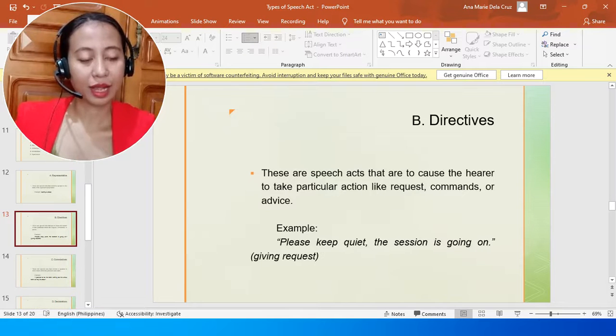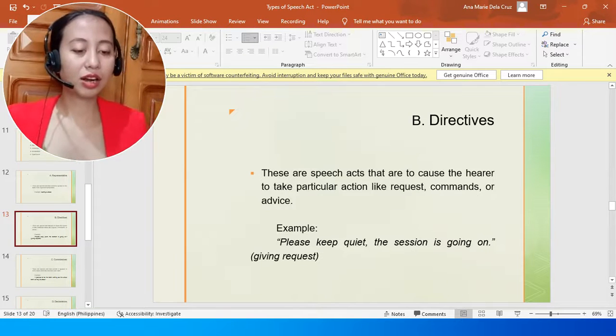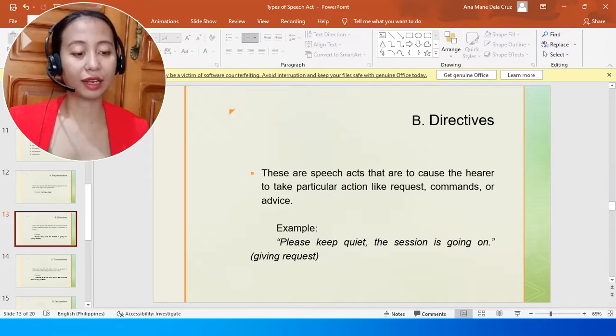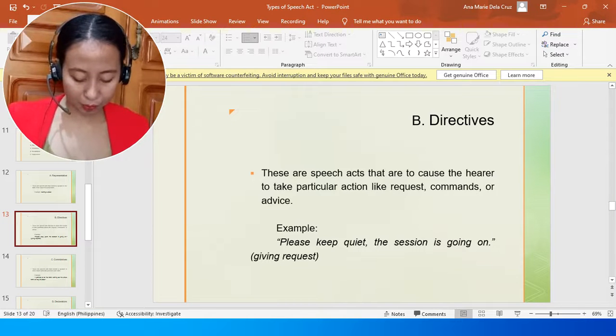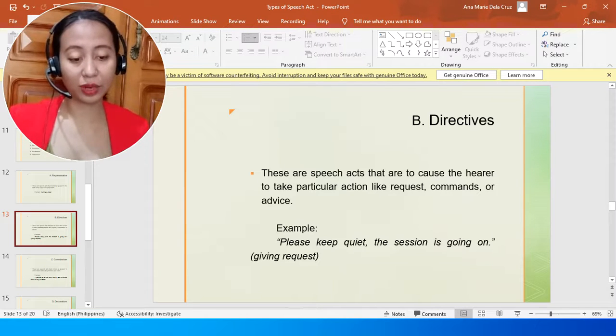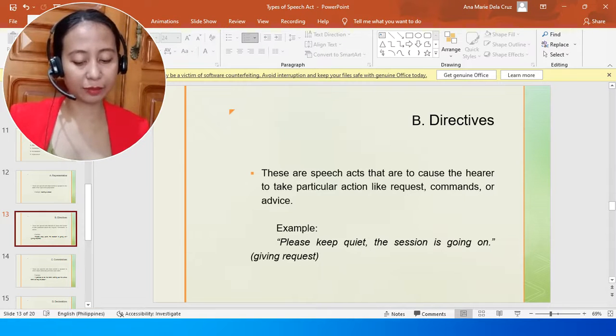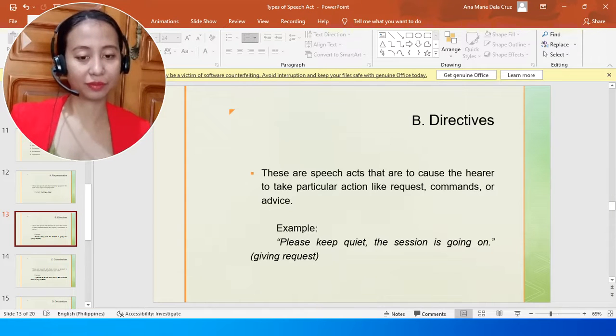Next, directives. These are speech acts that are to cause the hearer to take a particular action, like requests, commands or advice. Example, "Please keep quiet. The session is going on." You are giving a request. Another example of directives, "Kindly proceed to the next window for your payment."